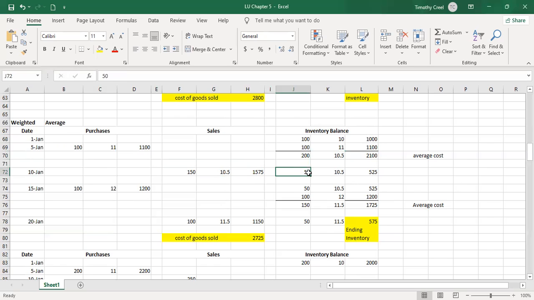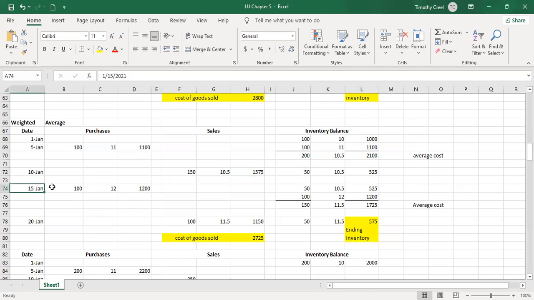Whatever inventory is left, we take it times the current average cost to give us the value of the ending inventory that's still left. Notice we could test this also: all the inventory that was available for sale is either sold, cost of goods sold, or is still there. Notice again that these three equal, just like in the other examples.